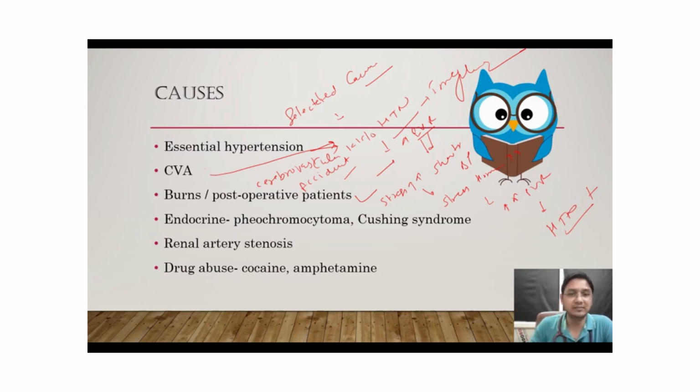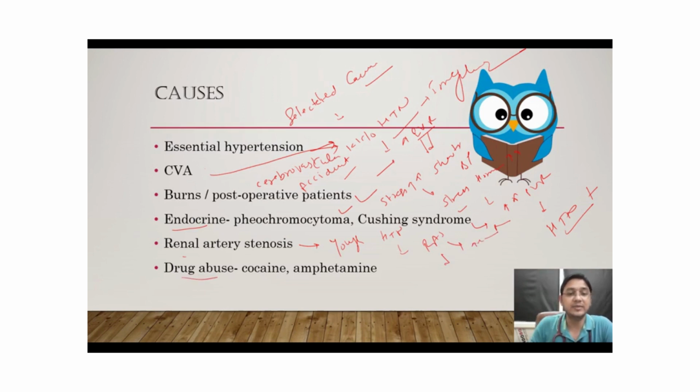It causes hypertension. In the endocrine system, we see only two causes, that is pheochromocytoma and Cushing syndrome. These are the two very common diseases you may encounter in your day-to-day practice, and they also present with hypertension. We will see later on how we are going to diagnose them. In renal artery stenosis, as you know, a young patient comes to you with hypertension, and we always suspect renal artery stenosis, which can lead to high blood pressure.